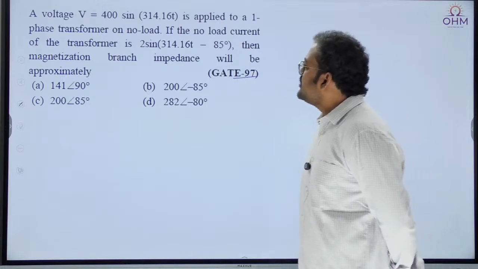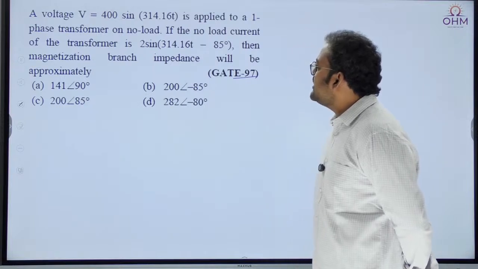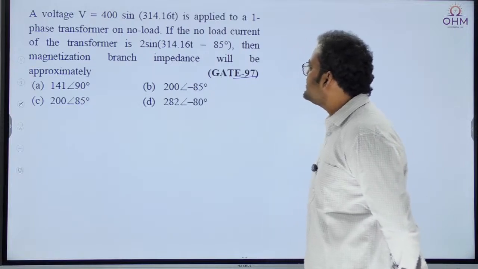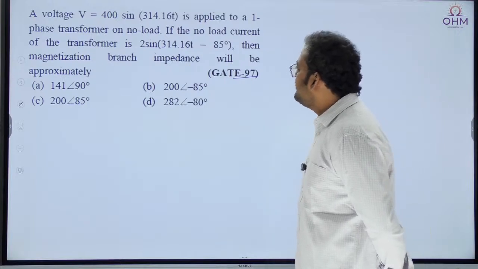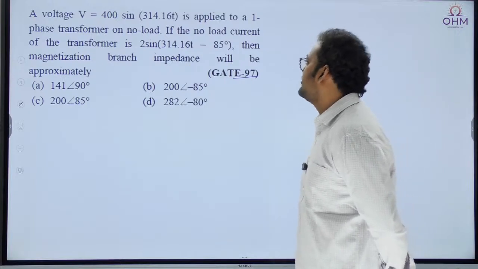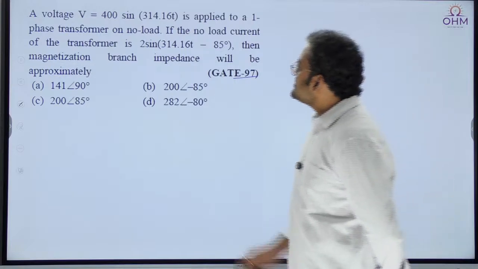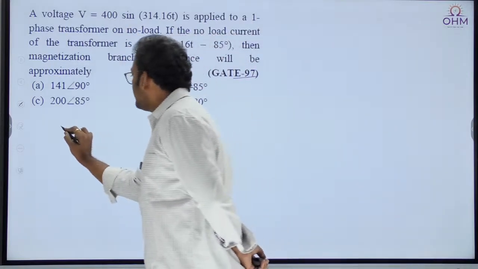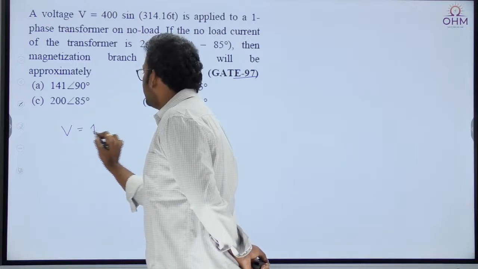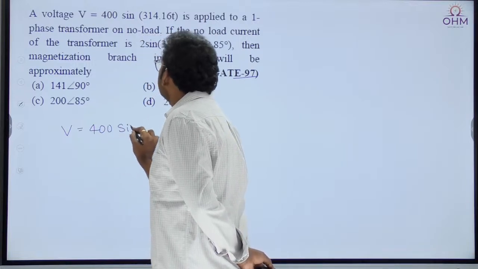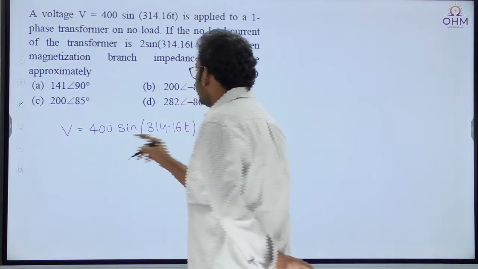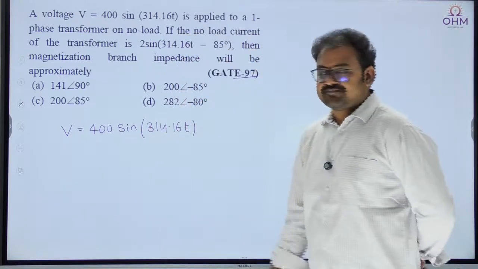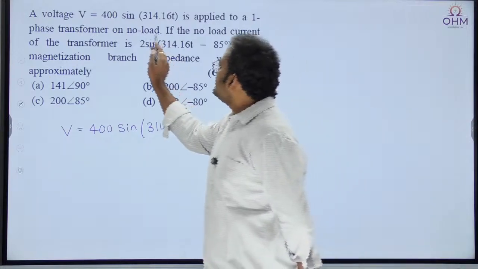If the no load current of the transformer is 2 sin (314.16 T minus 85 degrees), then the magnetizing branch impedance will be approximately how much? The supply voltage given is 400 sin 314.16 T, like 400 sin omega T, and the transformer is at no load.